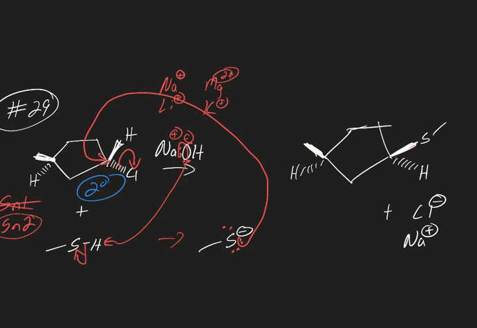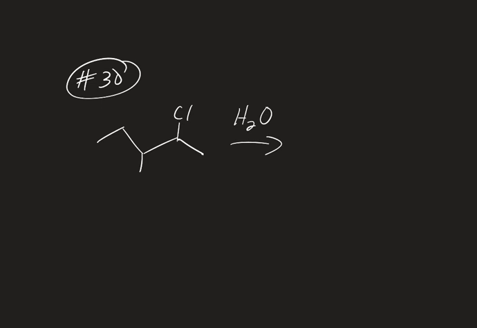Do we see that? So for this one, let's figure out what we have here first, SN1 or SN2. So we look at what type of alkyl halide we have here. Primary, secondary, tertiary? Secondary. Does that eliminate anything? Nope.